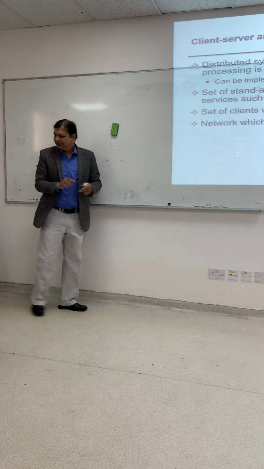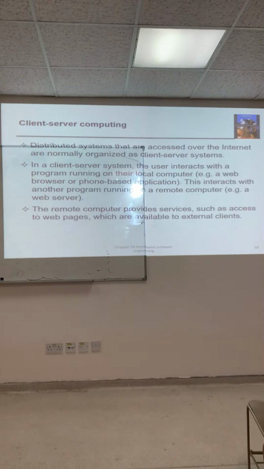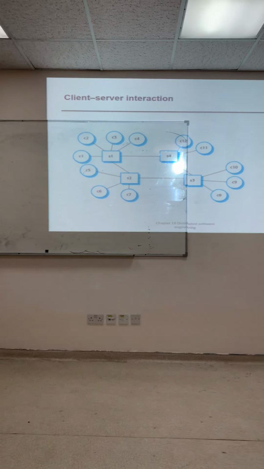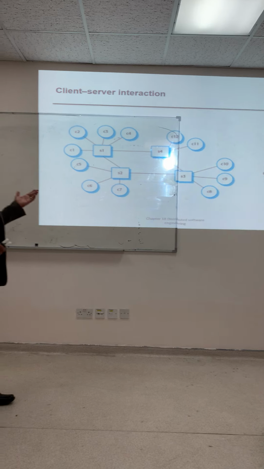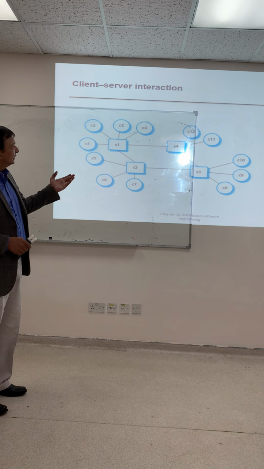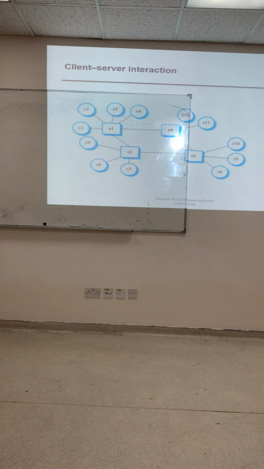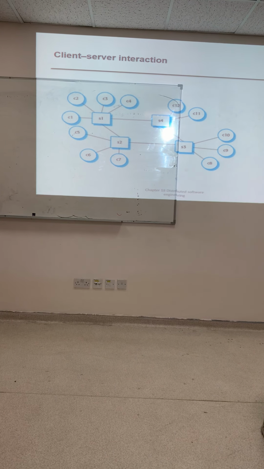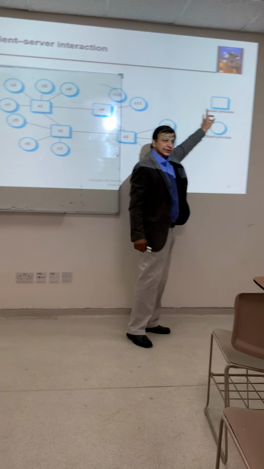So distributed systems use client-server architecture. We have clients, server 1, server 2, server 3, server 4, server processes, and we have client-side processes, as you can see here. Client process, server process.